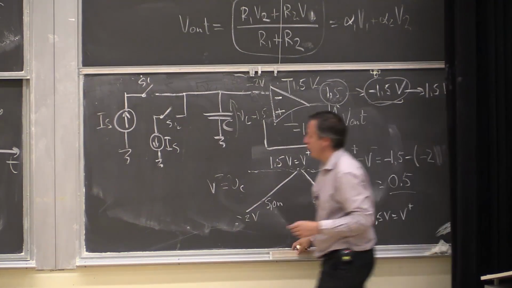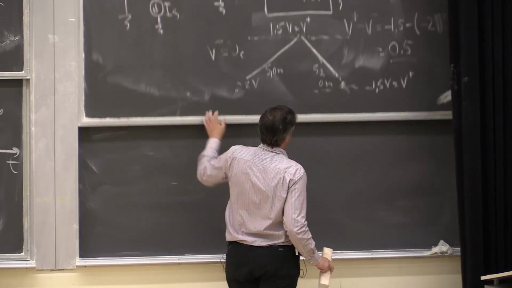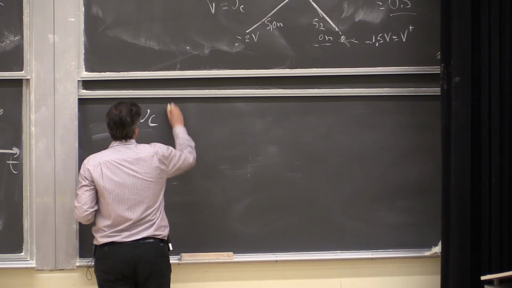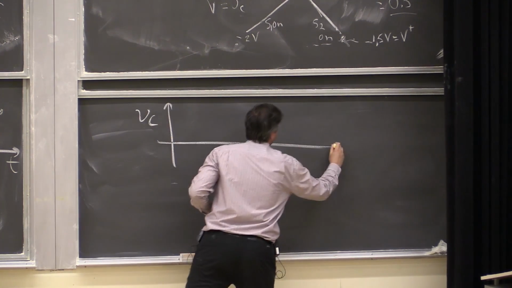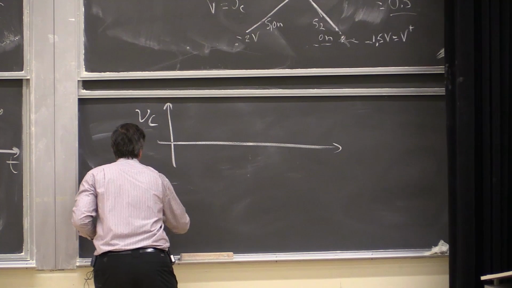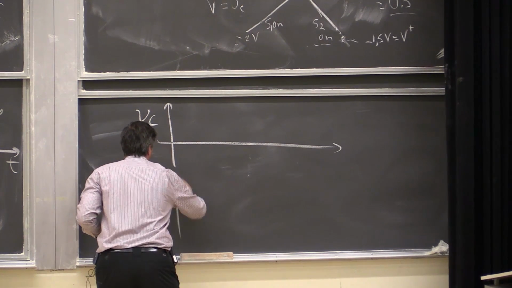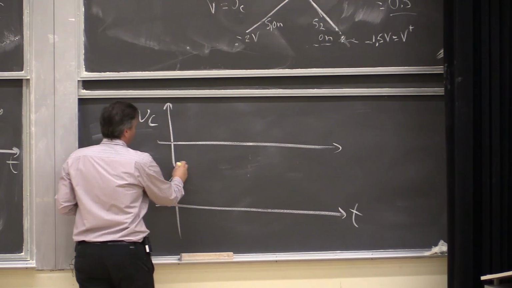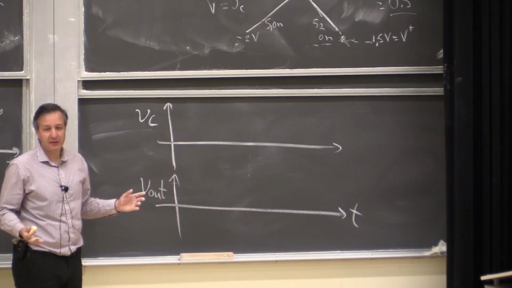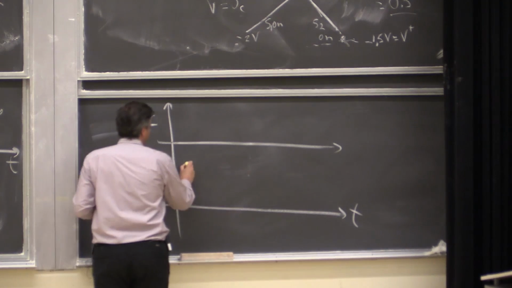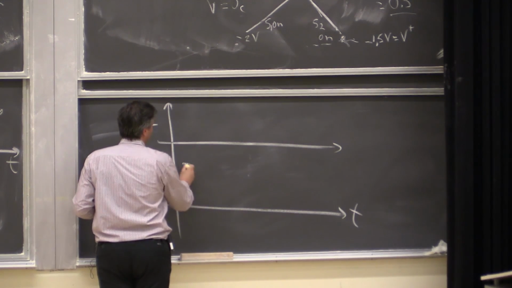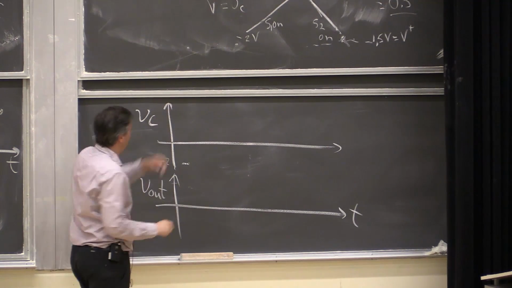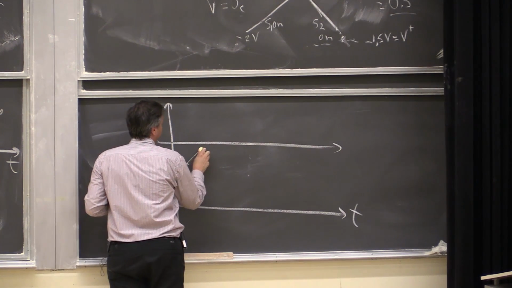Okay, so let's maybe draw a time diagram of this so that you're clear. So this is VC, and this is V out. So let's say at some point at the beginning of time, doesn't really matter, we started from some value. That value is, let's say, minus 2. Right? And we started ramping up.